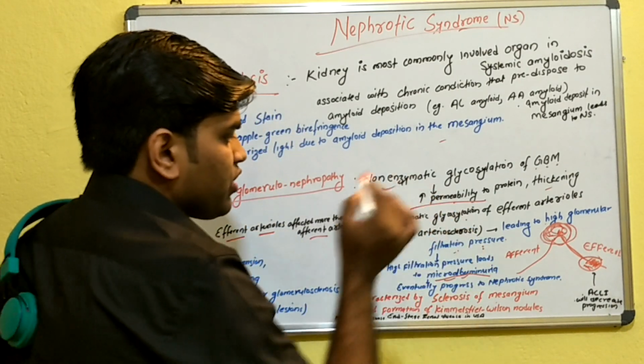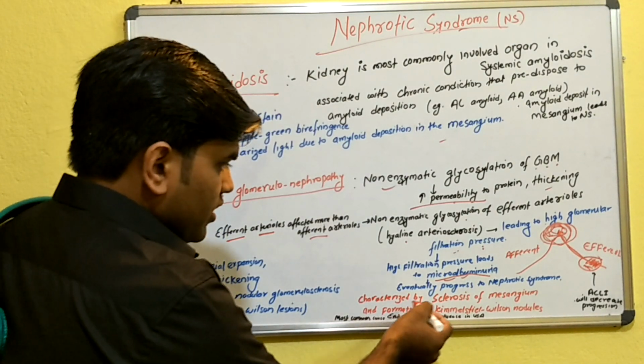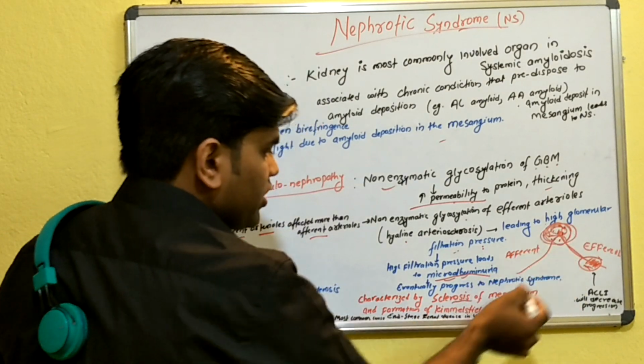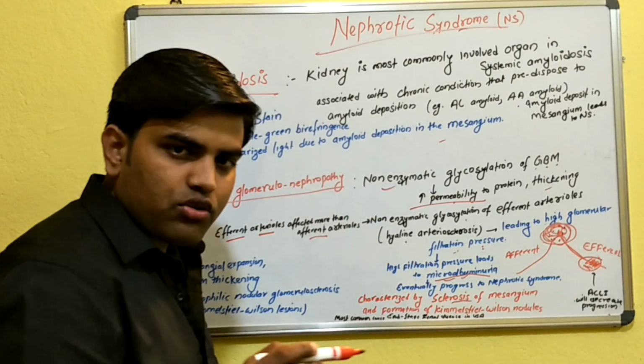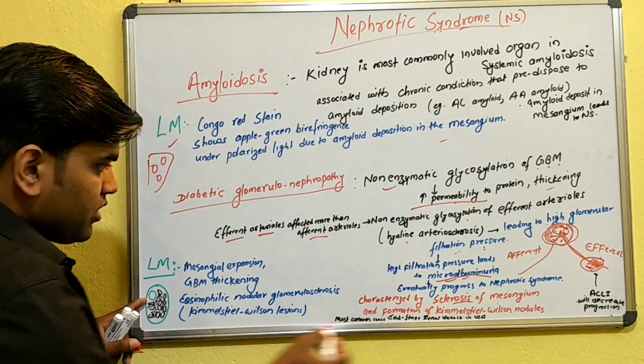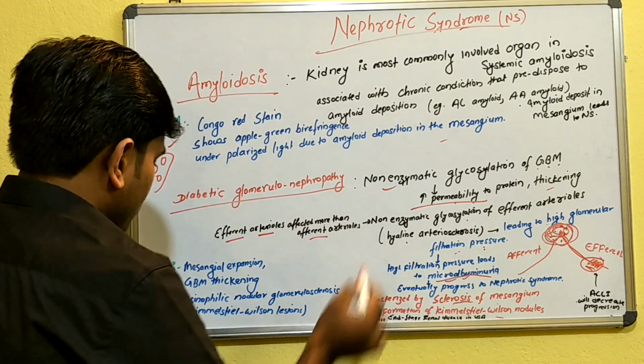Eventually that will progress to nephrotic syndrome. And why has nephrotic syndrome progressed? Because sclerosis of the mesangium occurs. The mesangium, the connective tissue present over there, will undergo sclerosis, and that will appear as a Kimmelstiel-Wilson nodule. Okay, are you understanding my point?